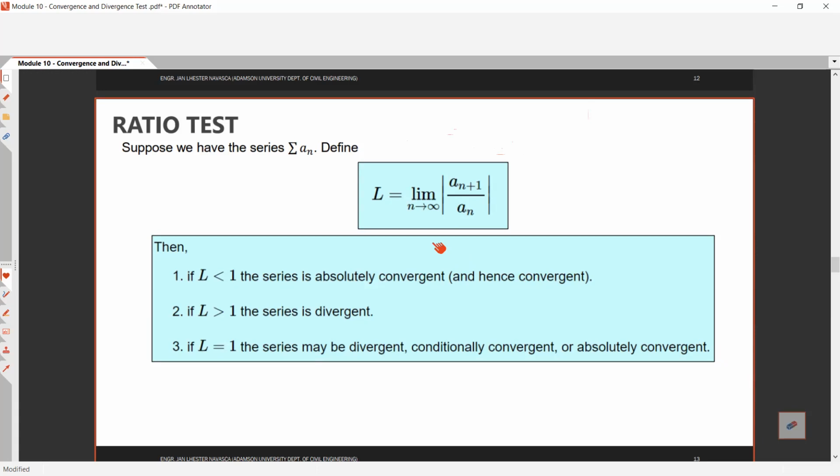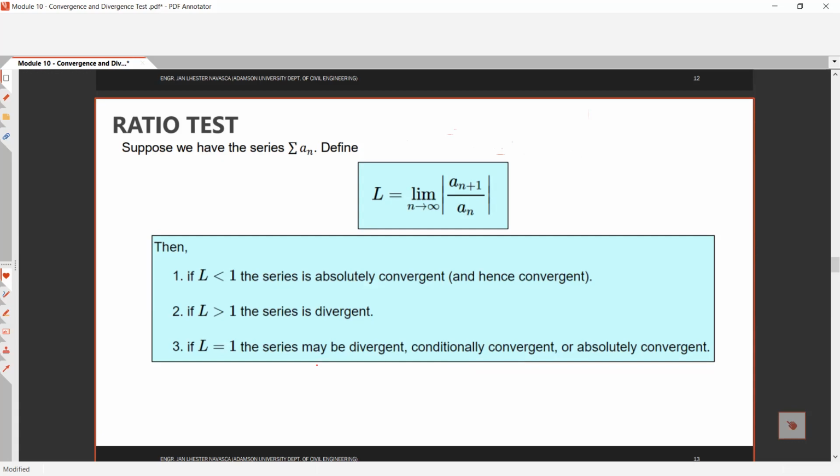So if we examine the value of L, if L is less than 1, the series is absolutely convergent. If the value of L is greater than 1, therefore the series is divergent. And if our L is equal to 1, the series may be divergent, conditionally convergent, or absolutely convergent.